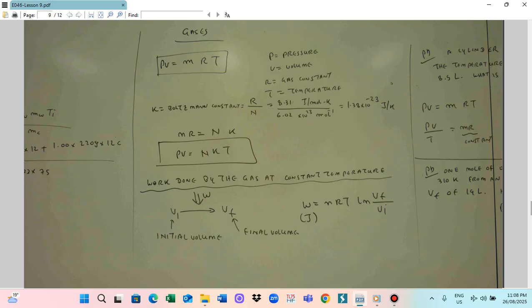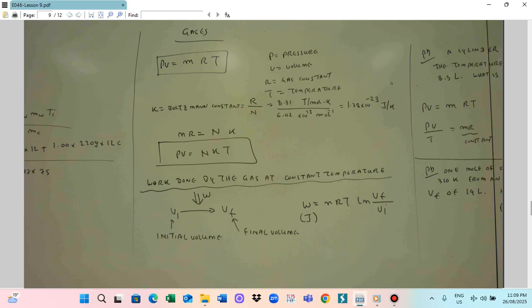M is the mass of the gas, R is the gas constant, N is the number of molecules in the gas, and K is the Boltzmann constant. Multiplied with temperature, it is also equal to pressure multiplied by volume. So this is the gas equation. The gas temperature, gas volume, gas constant, and the mass of the gas can be related by this equation, PV equal to MRT or PV equal to NKT.